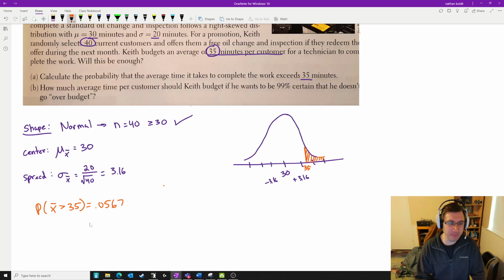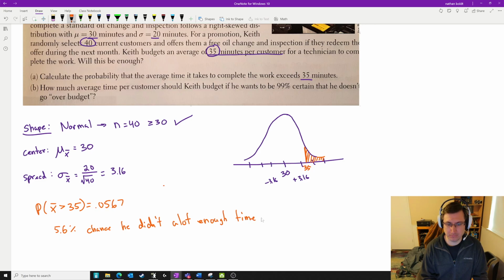So there's a 5.6% chance he didn't allot enough time to do all the oil changes.